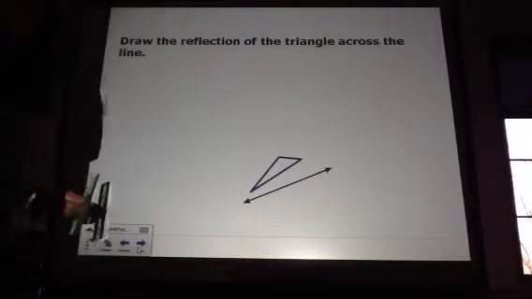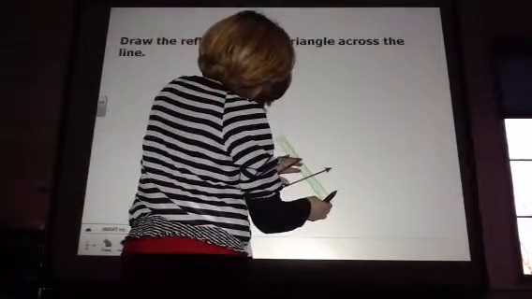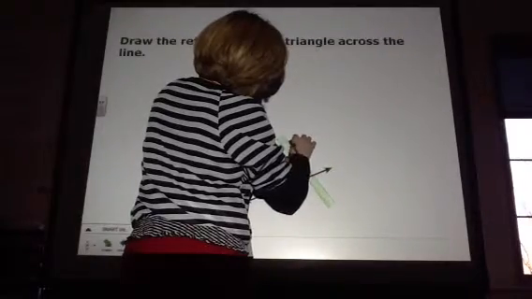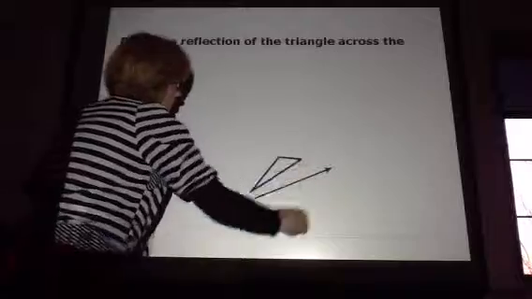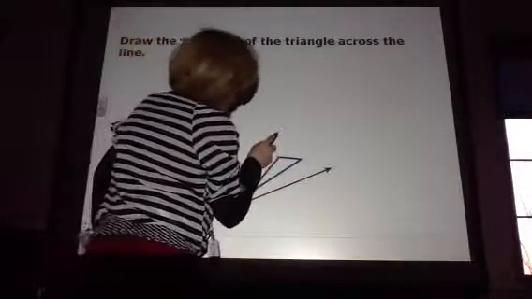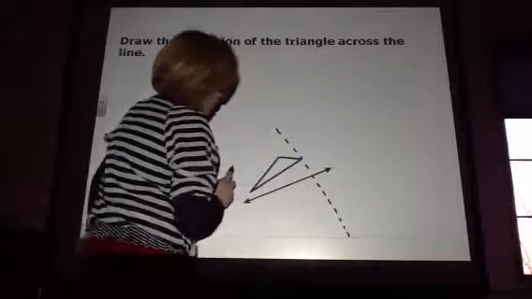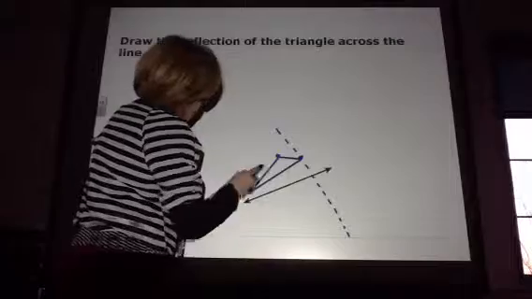Okay, so from each vertex, I need to make a perpendicular. See how it messes up? So let's back up here. I need to make a perpendicular line, and tomorrow in class I'll show you all a little video on this. From each vertex, here's one, and here's one.